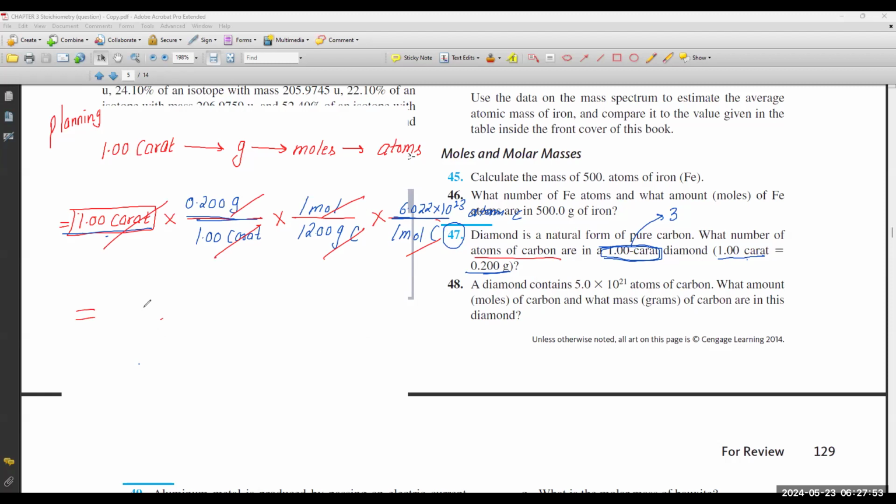So answer, Akash is giving me the answer 1.00 times 10 raised to power 22 atoms of carbon. Mayank, where is your answer?